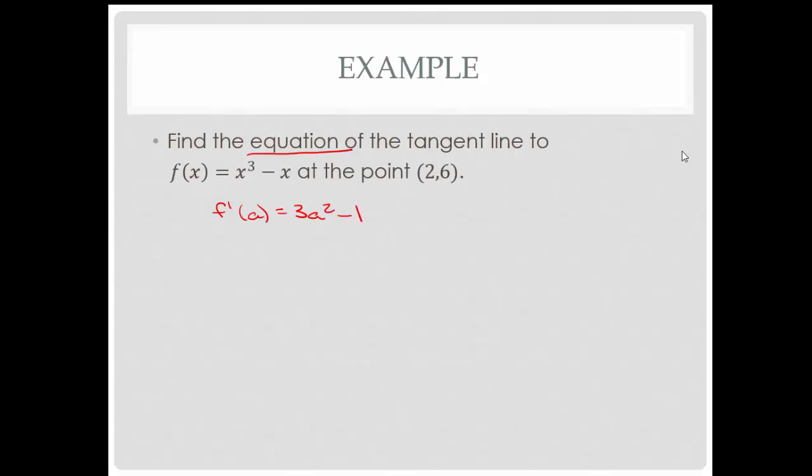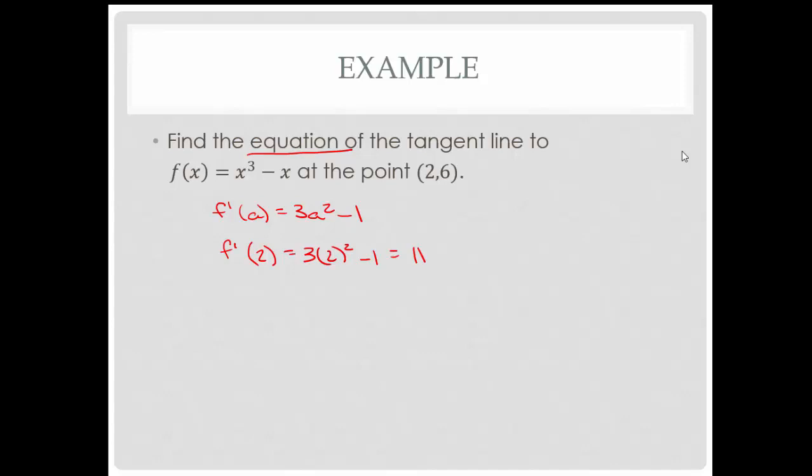So what is the slope of the tangent line at 2, 6? Well, what is a if we're dealing with the point 2, 6? A is 2. So it's 3 times 2 squared minus 1, also known as 11.